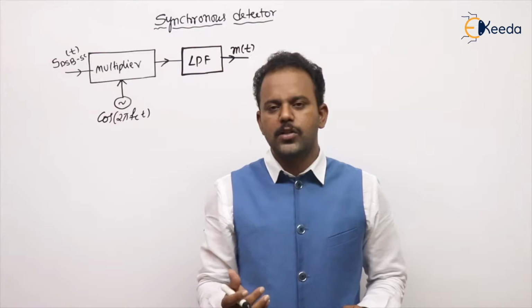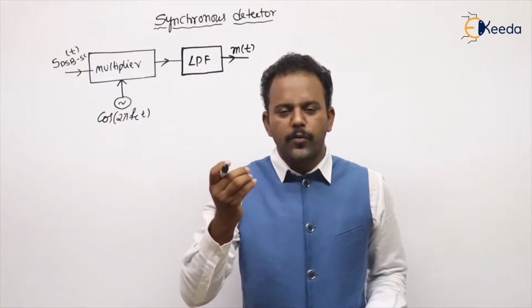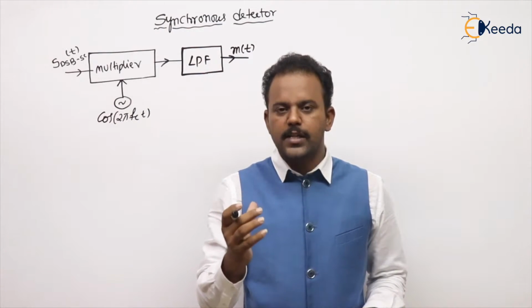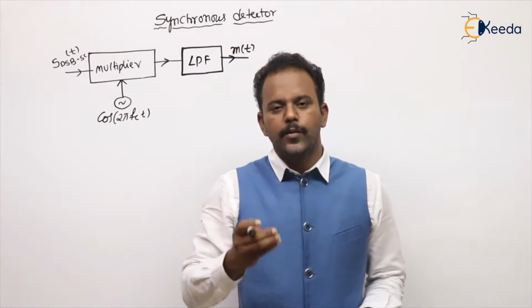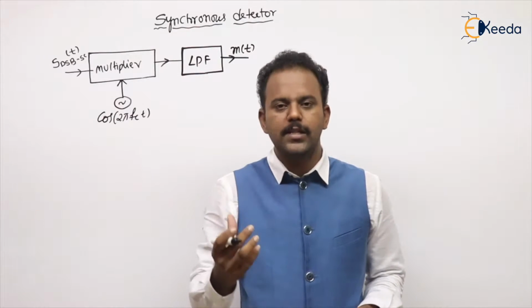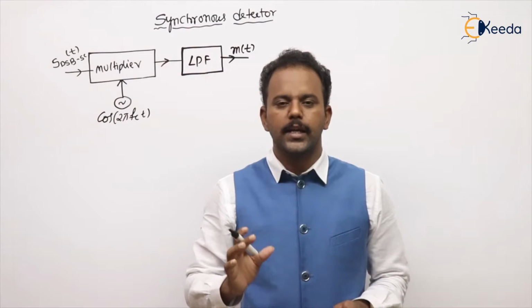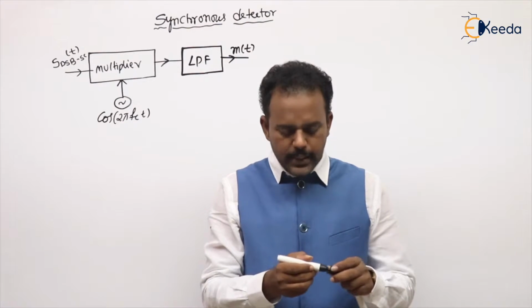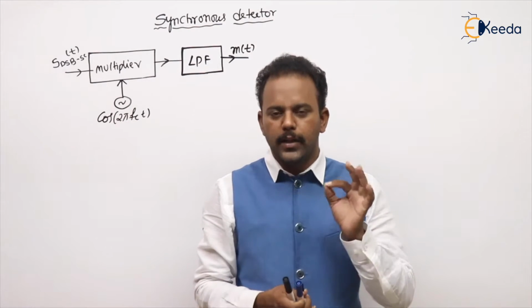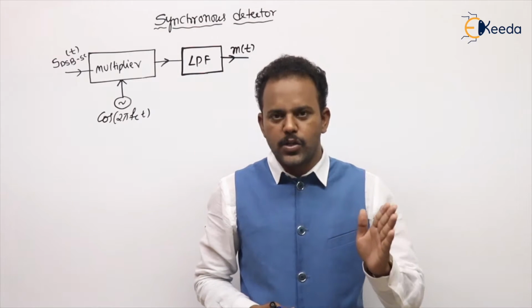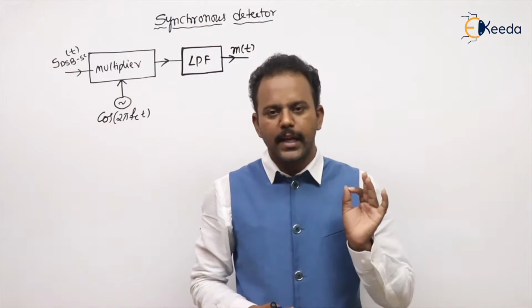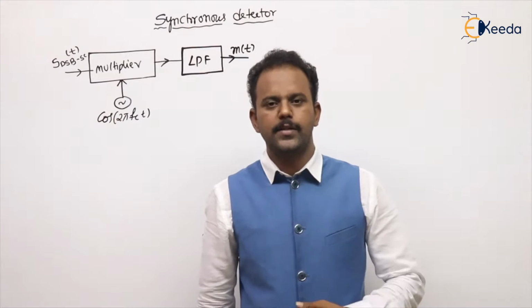If you don't have a Costas loop, here also I will show you how, if a phase difference is there, the output decreases, and if a frequency difference is there, the output decreases. Here also we'll analyze three cases. Case 1, perfect synchronization. Case 2, having phase difference. Case 3, having frequency difference.